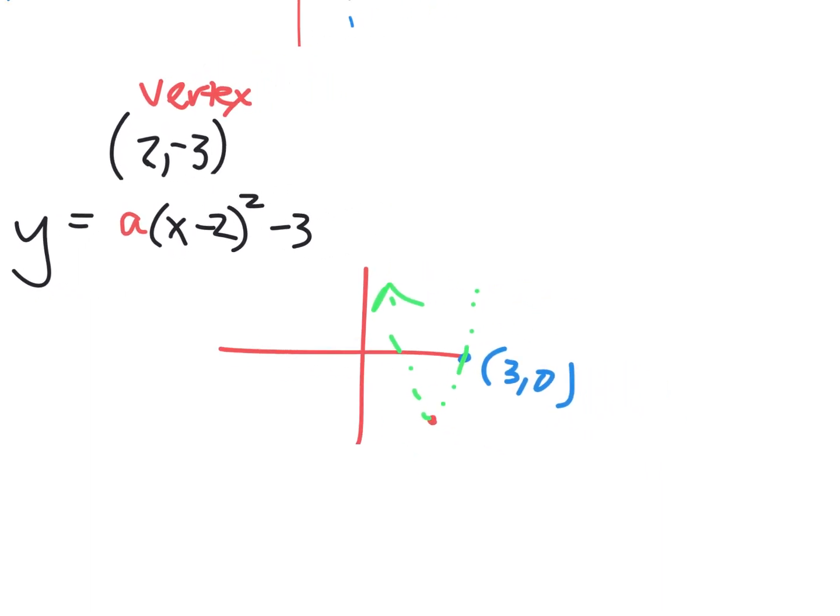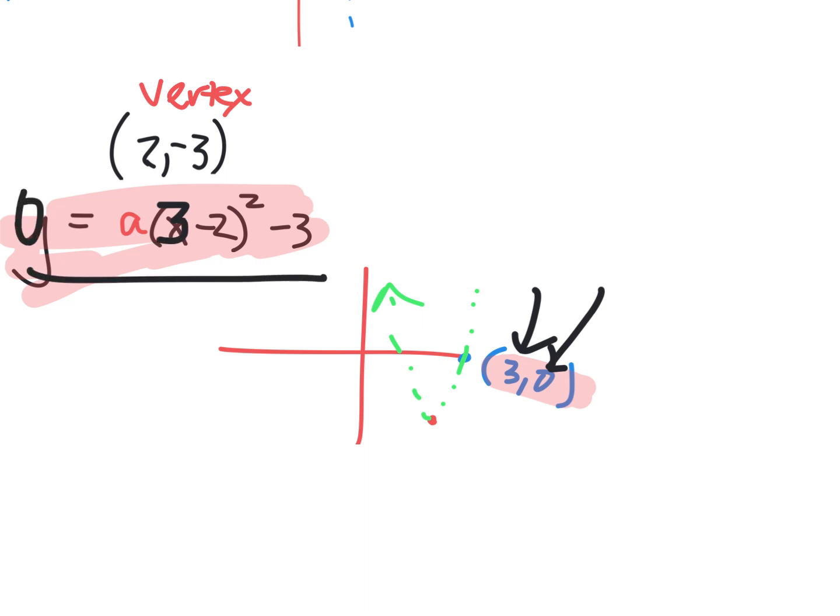So we're just reviewing. If I gave you the vertex, you'd be able to write this, but you don't know the stretch factor. Then you take this extra point that we also know is on the parabola and you stick it in. That's the x, that's the y. So x is 3 and y is 0.